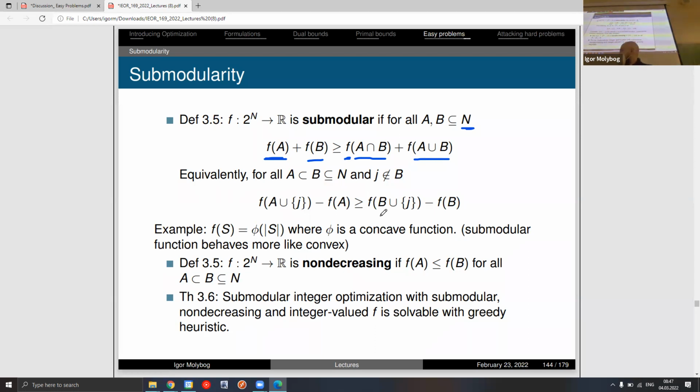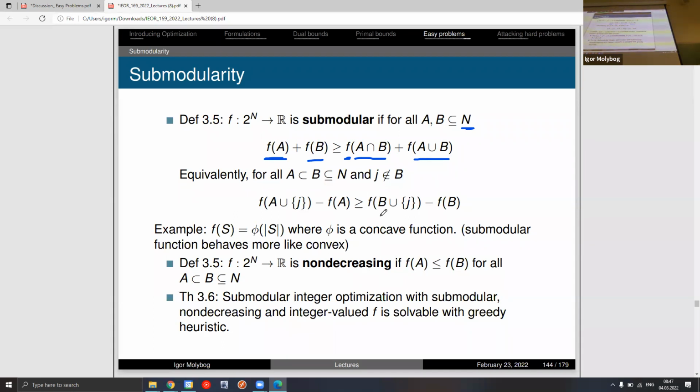An example of this is a concave function phi. Just a reminder what a concave function is. For a concave function phi, f of x can be defined as phi of the size of the set. Since we are talking about natural numbers, let's say that our set is these 5 numbers.